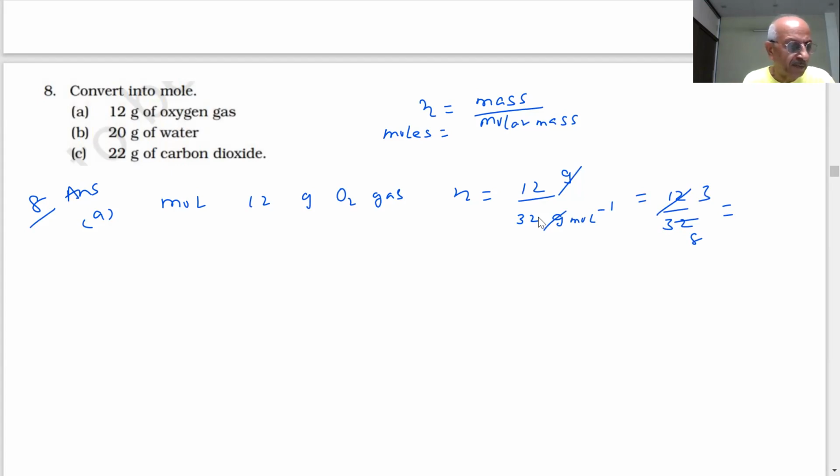How many moles? 3 by 8 moles. Okay, calculate. What is the answer coming?